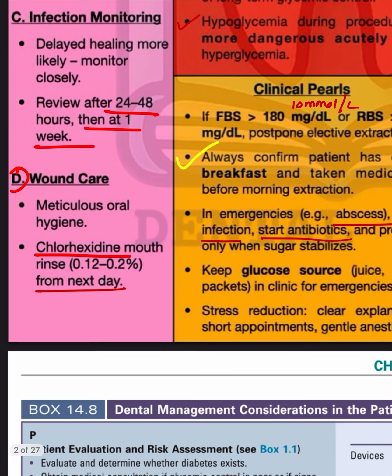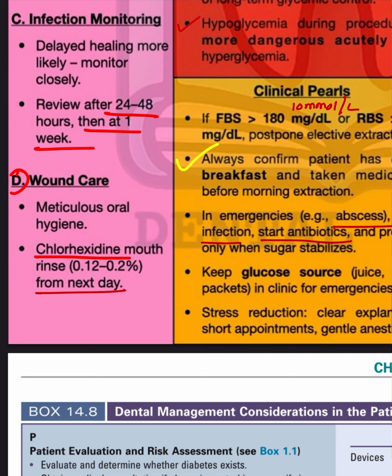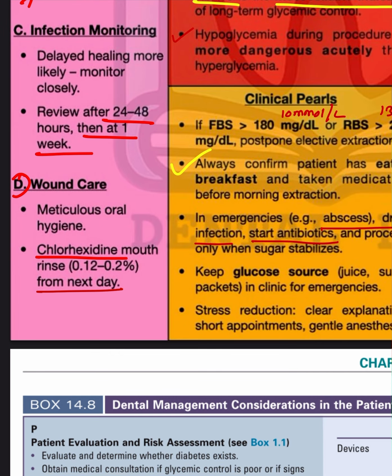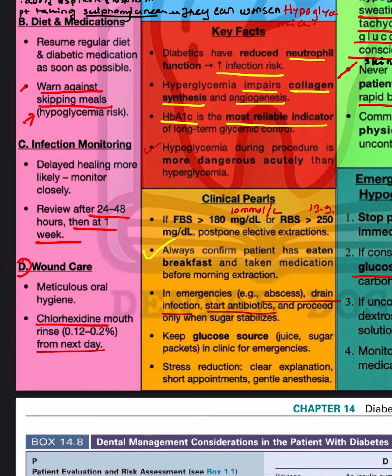And we have to give the patient follow-up. It is better to give follow-up 14 to 48 hours after, and also after 1 week, to see the healing of the patient and other things. We can give chlorhexidine 0.2% mouthwash, which is antibacterial.